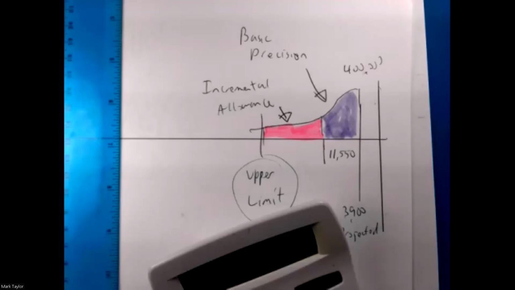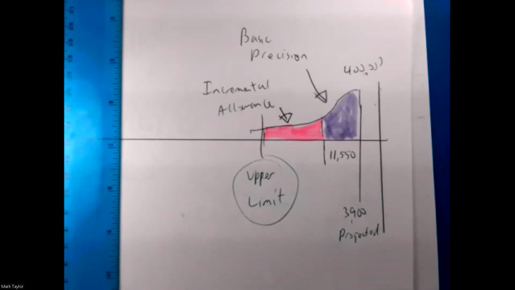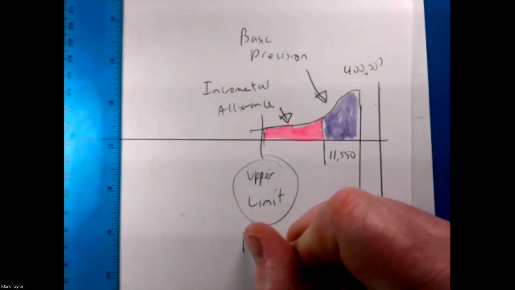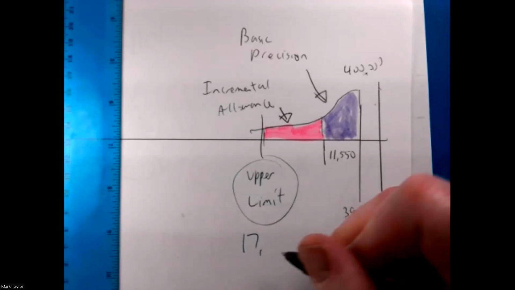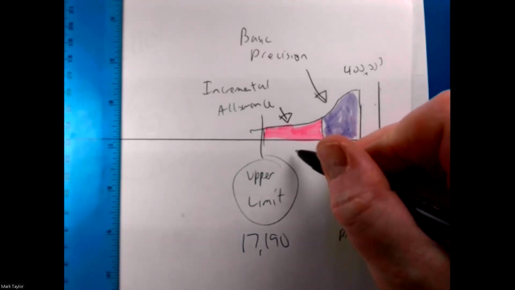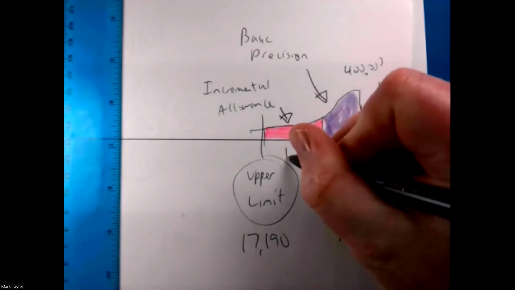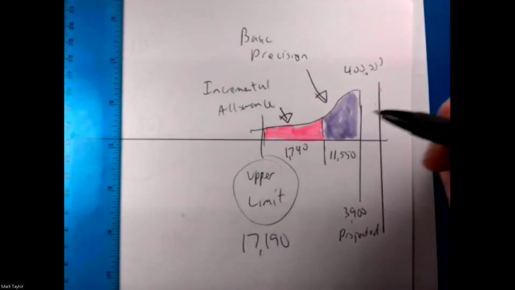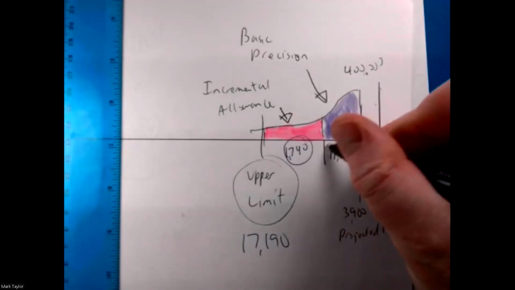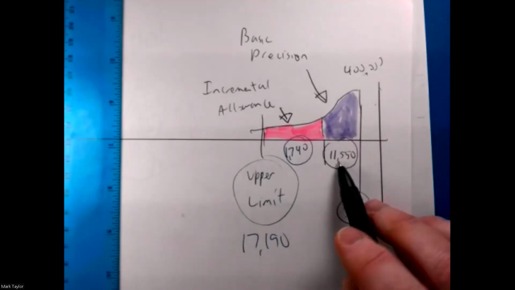And so coming back to this, 1,740, was it? So this could be 1,740. These are the additional amounts that it could be off by.